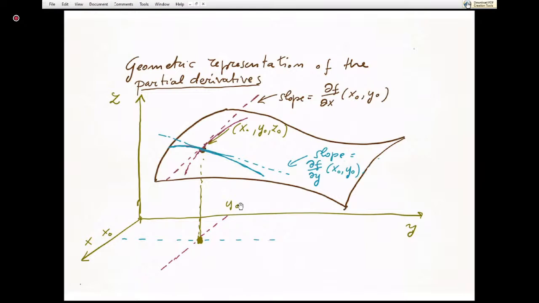If the pure second derivative with respect to x is negative, then you can see it from the graph. My section is a concave curve, a concave function of one variable. And also in this picture, the pure second derivative with respect to y would be negative in this particular graphical case.